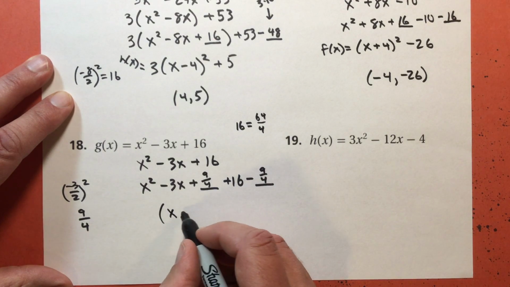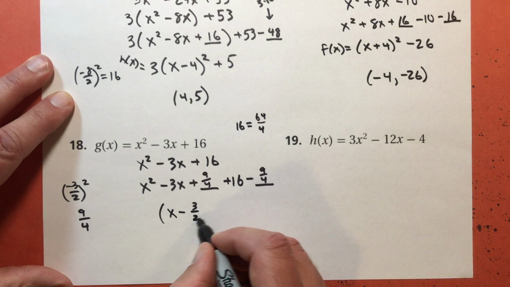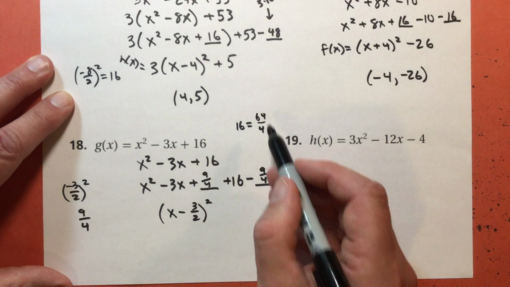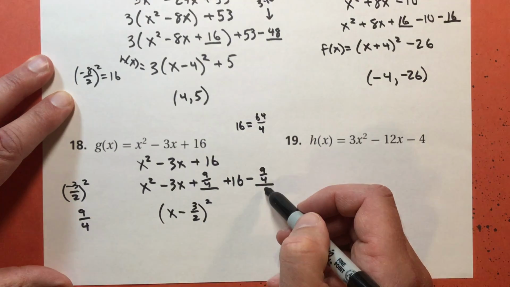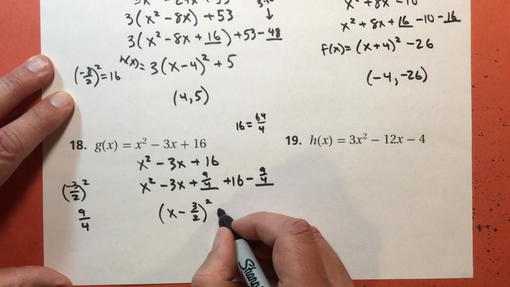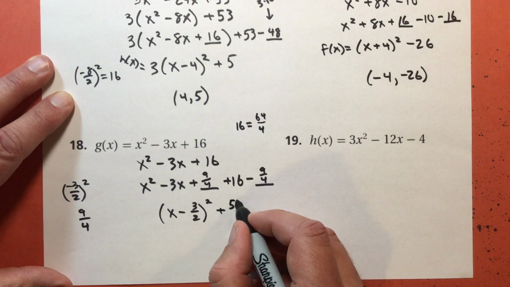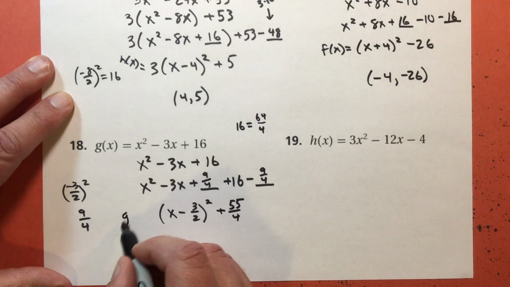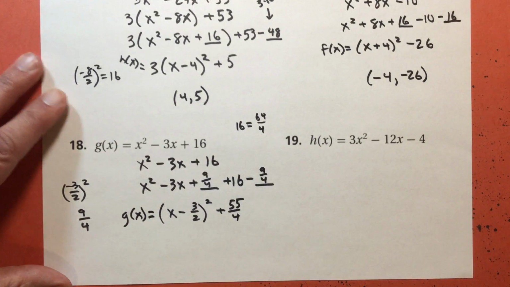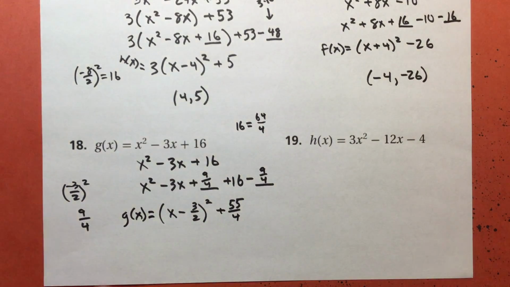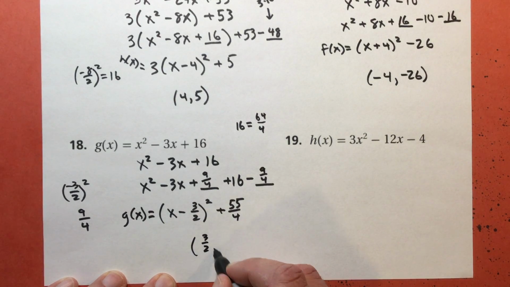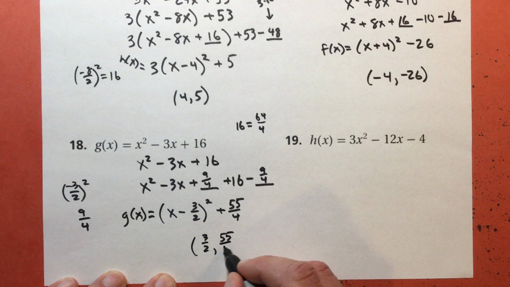So I get x subtract 3 over 2 squared, and 64 over 4 minus 9 over 4 is going to be 55 over 4. And that's my function. And yes, it's got some fractions in it. You can handle it. My vertex is 3 over 2, 55 over 4.